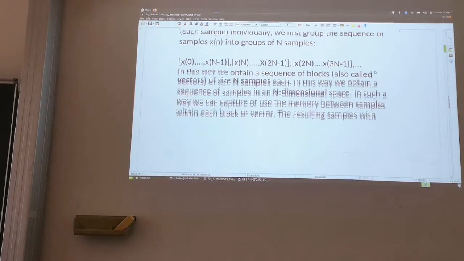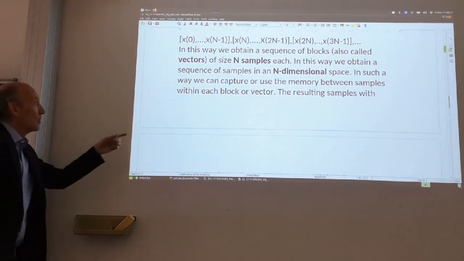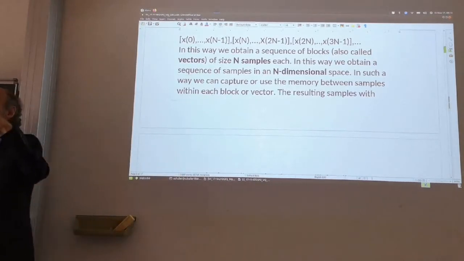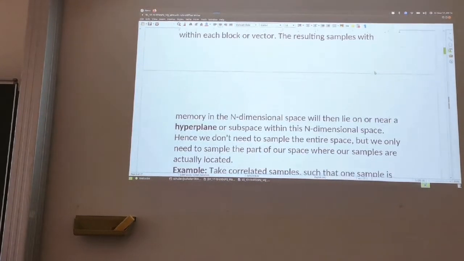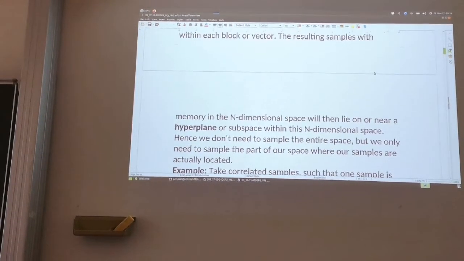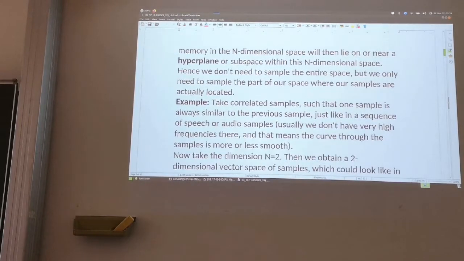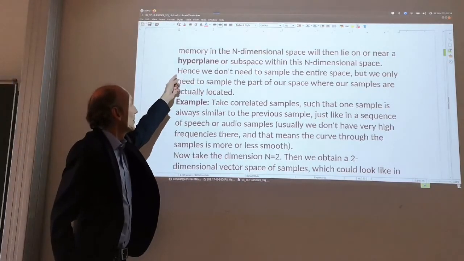Yeah, in such a way we can capture or use the memory between the samples of each block or vector, because then the resulting samples in a higher dimensional space will lie on a hyperplane. They will have a pattern in this higher dimensional space. So the resulting samples with memory in the n-dimensional space will lie on or near a hyperplane or subspace within this n-dimensional space.